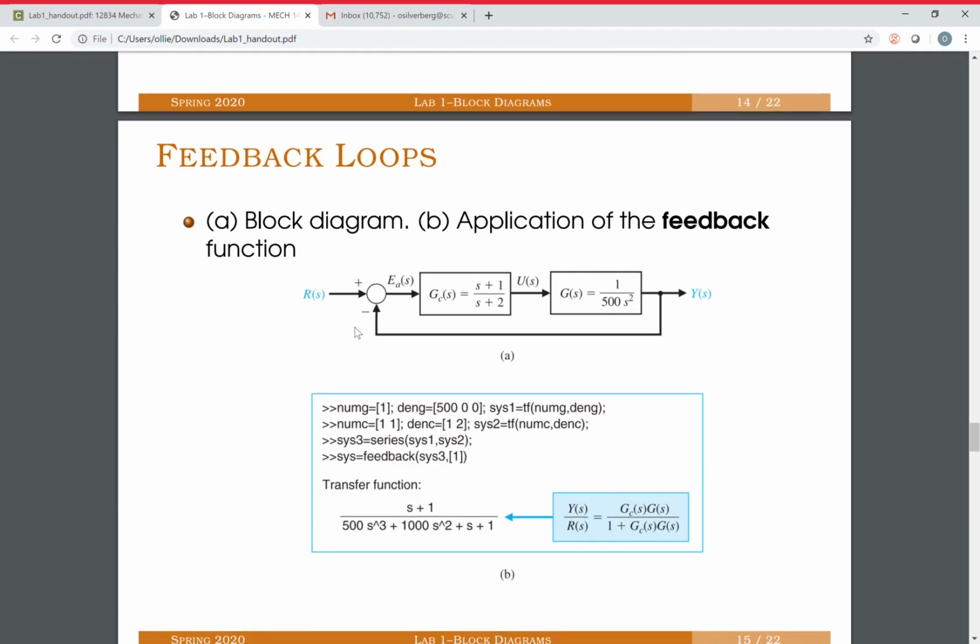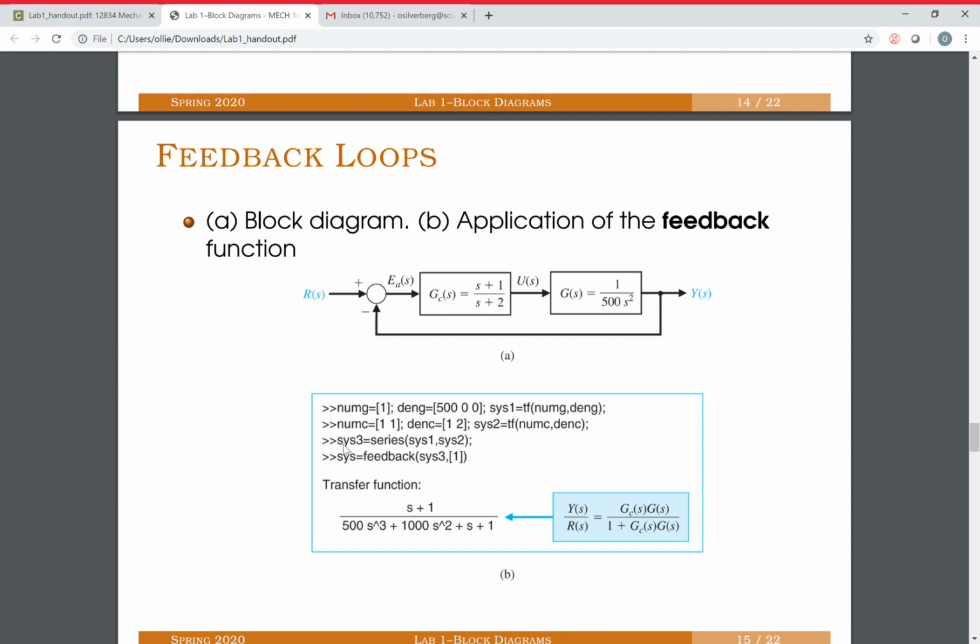So here's an application. Let's say we have GC of S, which is S plus 1 over S plus 2, and we have U of S, which is 1 over 500 S squared. In series, we know that this would just be the multiplication, and we can do that by using the series function here. So we can simplify these two functions into one function, which we'll call system 3.